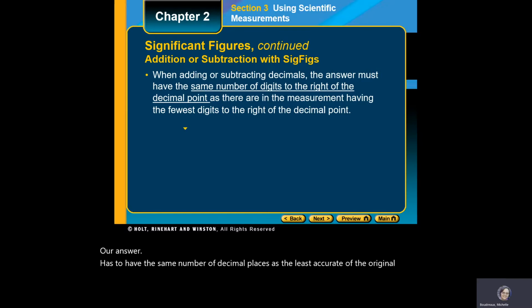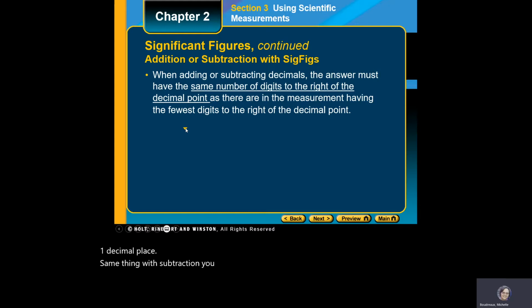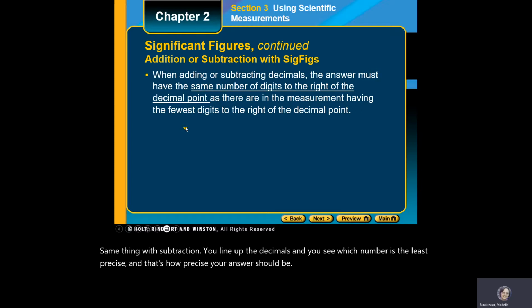So if we are adding 1.2 and 3.6578, when we add them together, our final answer can only have one decimal place. Same thing with subtraction. You line up the decimals and you see which number is the least precise, and that's how precise your answer should be, counting decimal places.